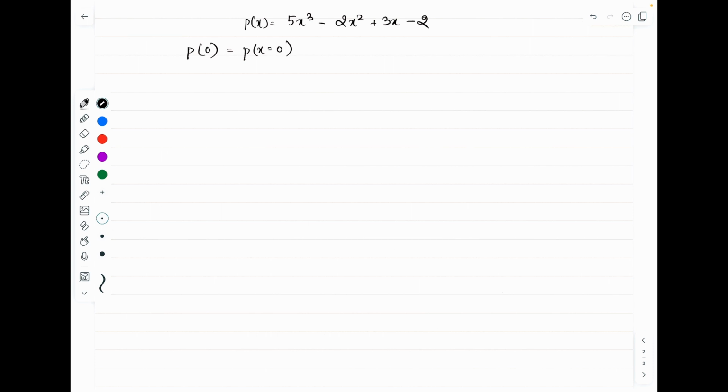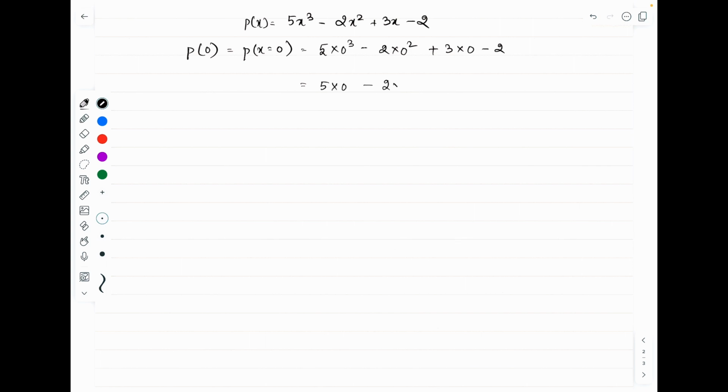P of 0 means the value of P when x equals 0. So instead of x you put 0. 5x cube is 5 into 0 cube, minus 2x square means 2 into 0 square, plus 3x means 3 into 0, minus 2.